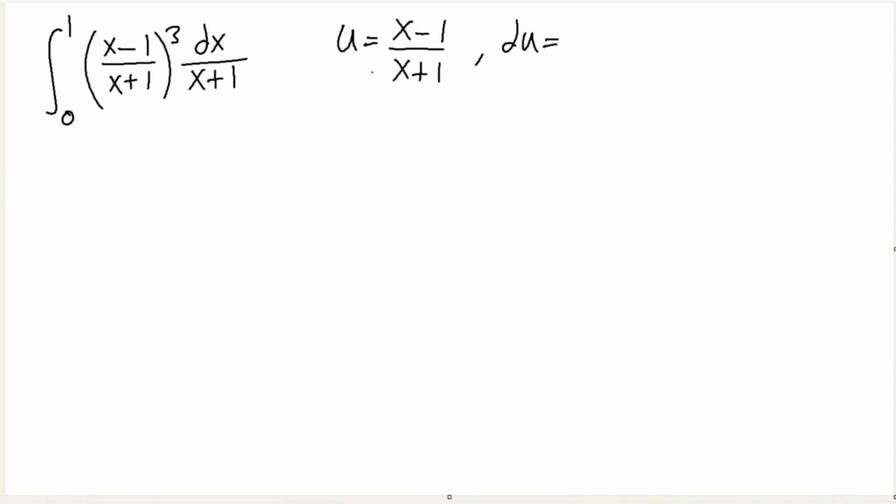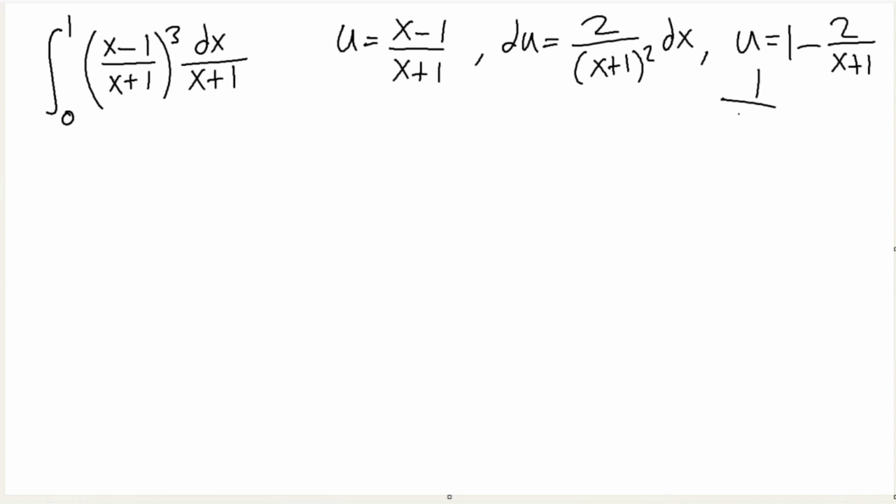In the du, when we derive this, it's actually 2 over x plus 1 squared dx. Another is u equals 1 minus 2 over x plus 1. And so with this, you can actually solve for x plus 1. In most cases we'll leave it like this, because that's what we have here.